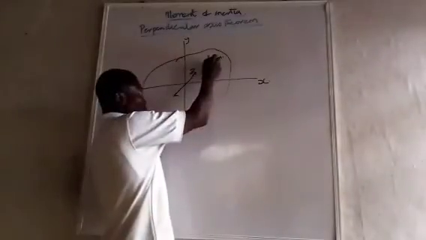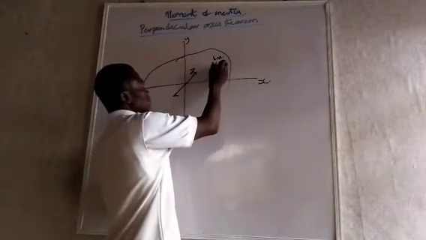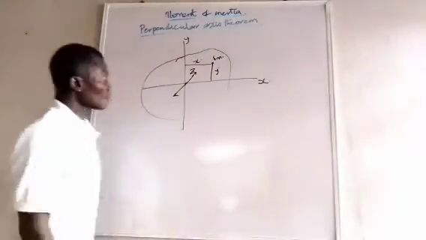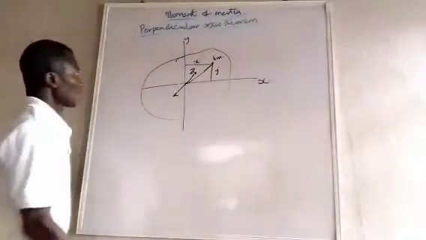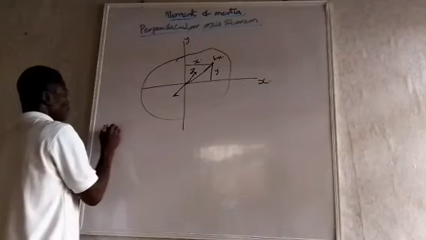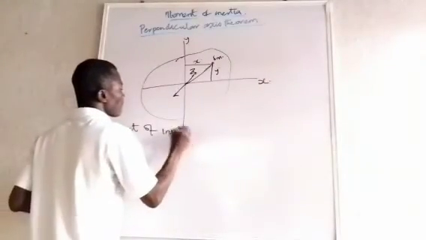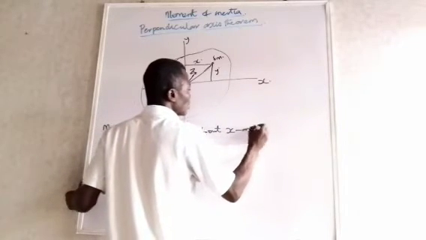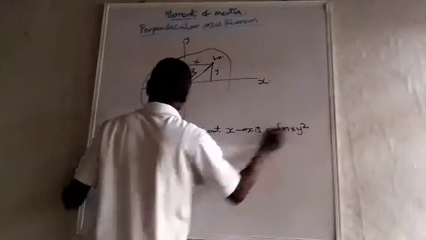Consider the moment of inertia of this element from this place. That will be dm. Let's say this is y, this is x, and this is z. So the moment of inertia about the x axis is equal to dm times y squared.